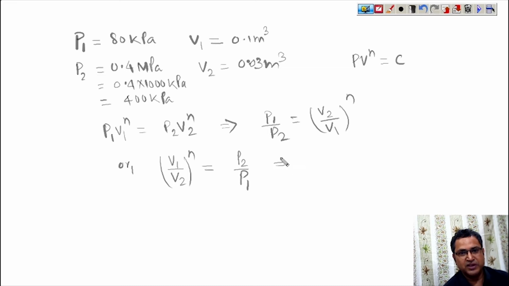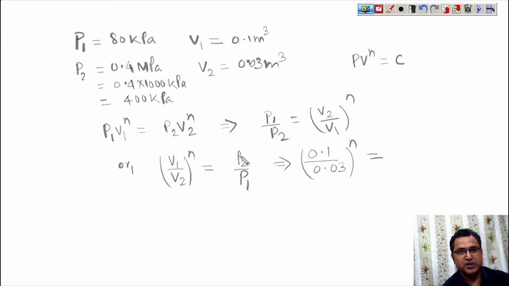Now putting the values, V1 is 0.1 upon 0.03, raised to the power n. This comes out to be P2, 400, divided by P1, 80.